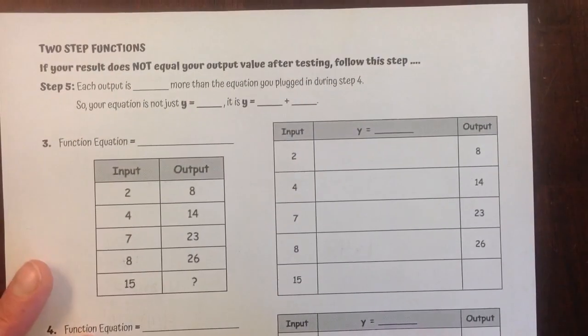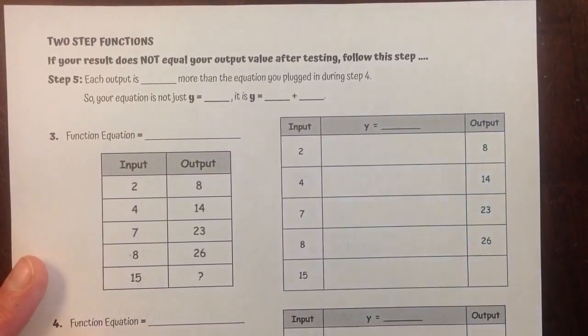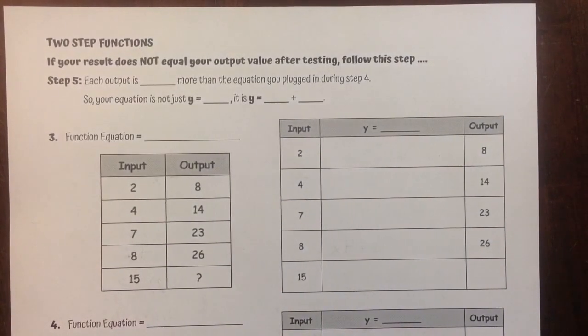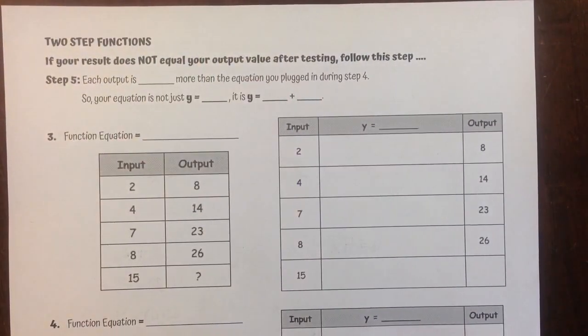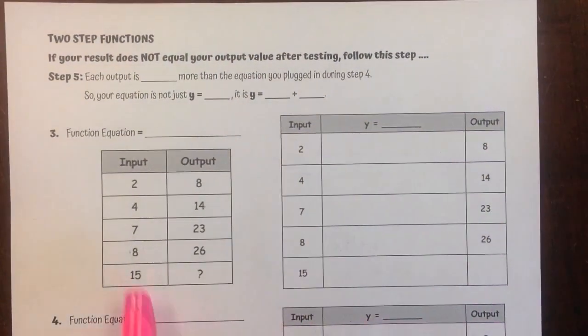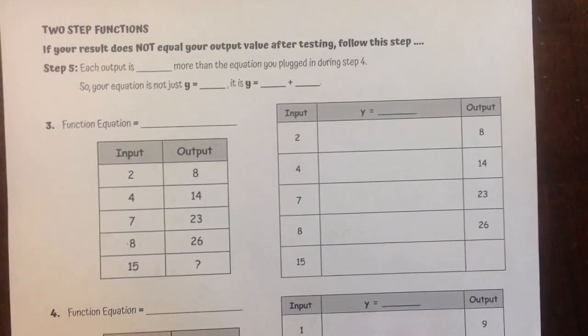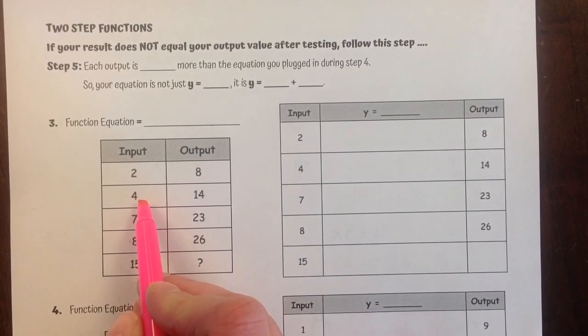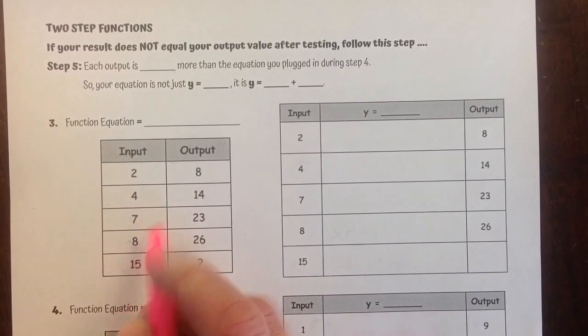So now we're going to flip over and focus on two-step functions. If your result does not equal your output value after testing, follow this step. Okay, so again I'm going to use this in order to fill out the notes up there. I'm going to look at my input values and I need to determine where is the difference of 1. 2 and 4, that's a difference of 2, so that doesn't work. 4 and 7, that's a difference of 3, that doesn't work. 7 and 8, that is a difference of 1.